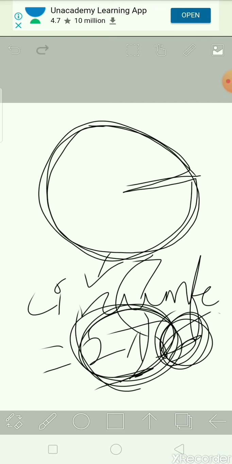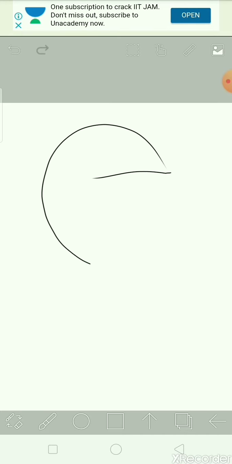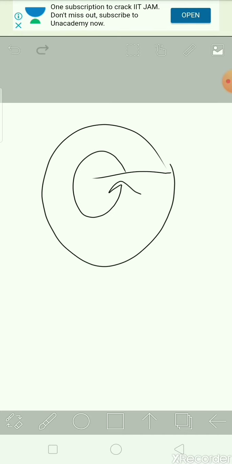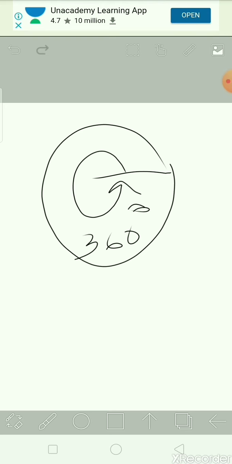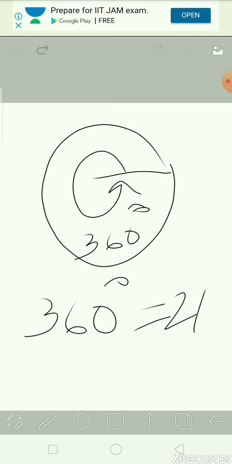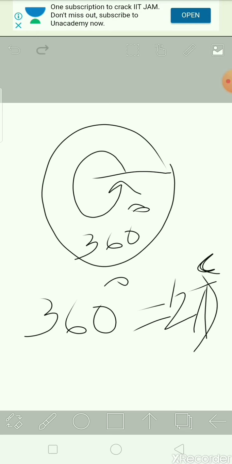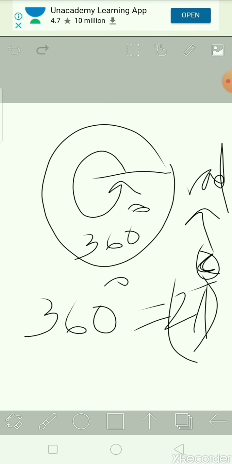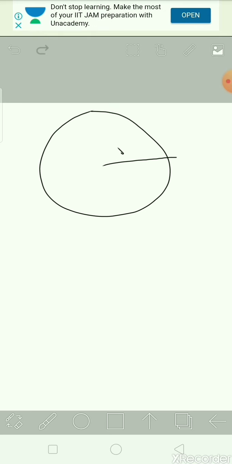Here is 360 degrees full rotation. For this we get 2 pi r circumference, so the angle is 2 pi radians. That means pi radians is equal to 180 degrees, for 2 pi equals 360.